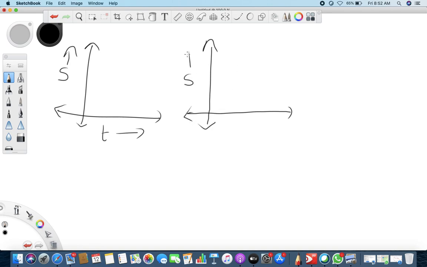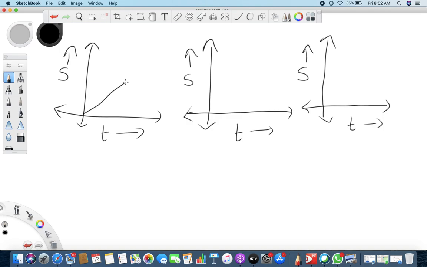Here also this is distance and this is time. So there are three graphs. I'm going to show you all three at once, so you can understand easily. The first graph is a straight line, the second graph is a curved line, and the third one is a line parallel to the x-axis, the time axis. So what do these three represent?